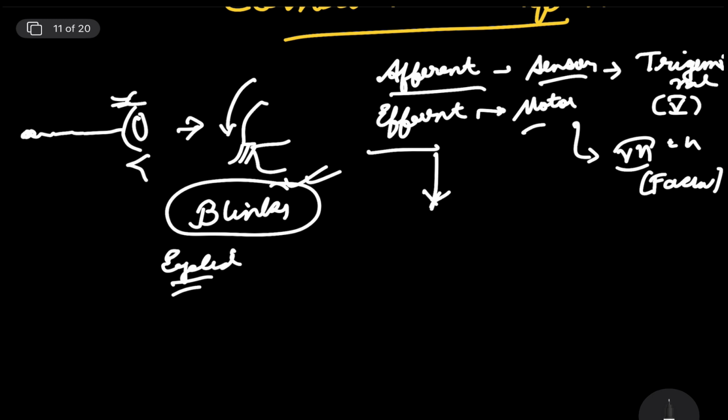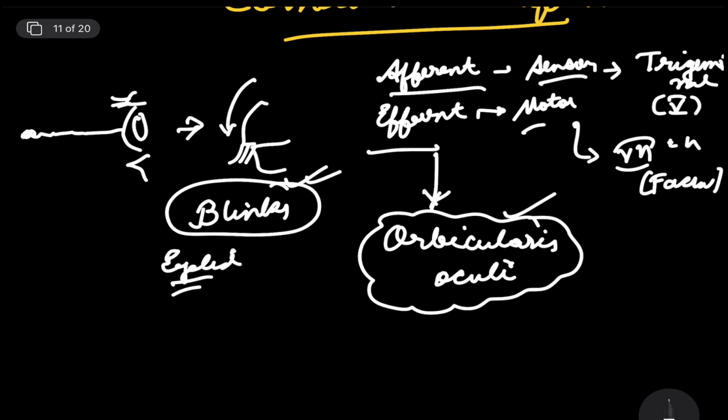And basically for blinking, the basic muscle used is the orbicularis oculi. This is the effector muscle, the target tissue. The seventh cranial nerve brings the impulses to this muscle. Oculi comes from oculus. Oculus means eye, or actually mirror, since the eye acts as a mirror. So orbicularis oculi means the muscle in the eye.